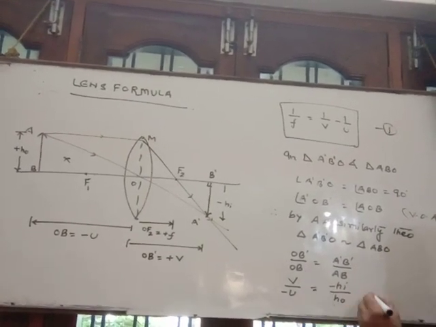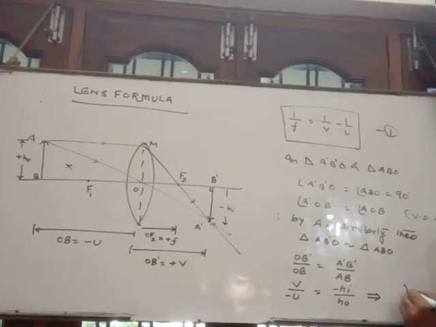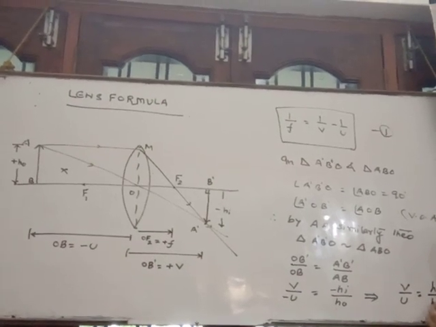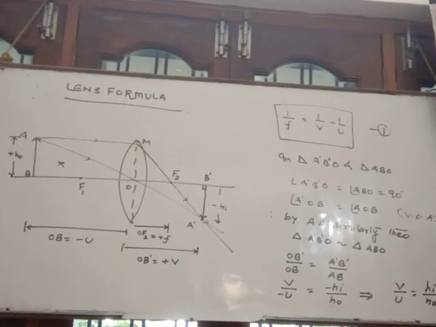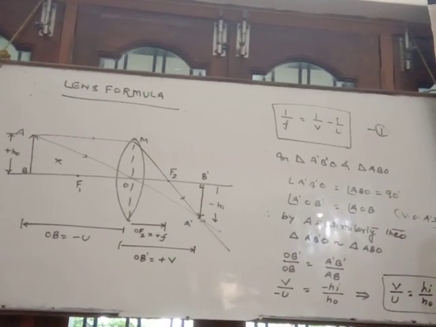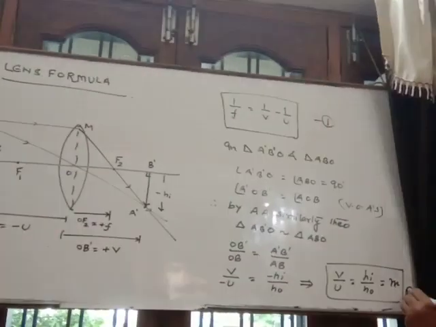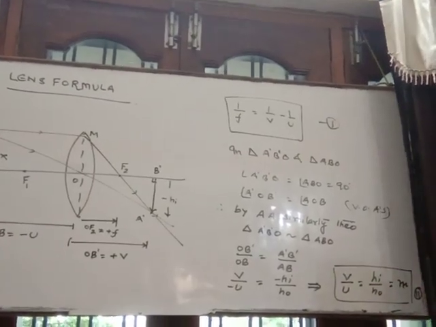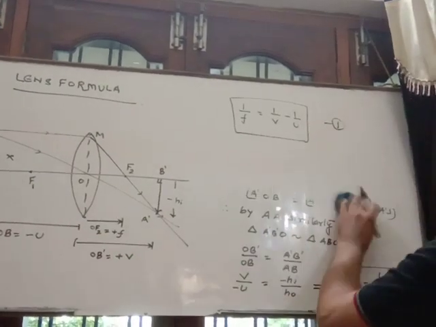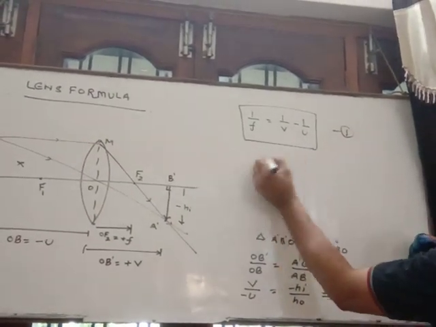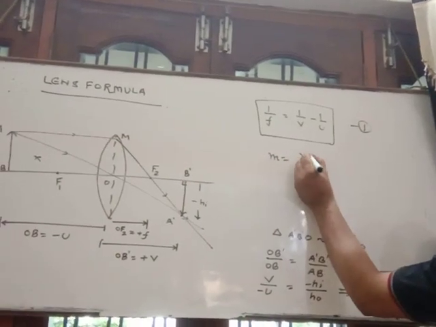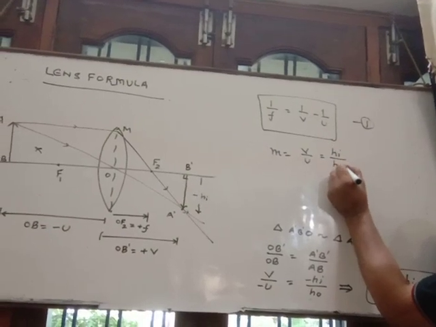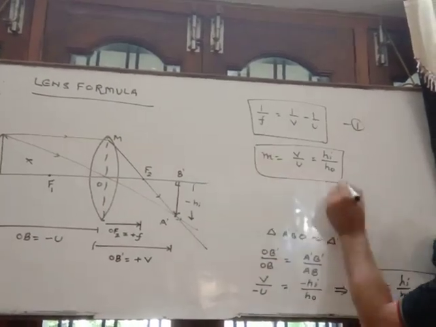When you simplify it, you will get V by U is equal to HI by HO is equal to M. Actually it is magnification of the lengths. So the magnification formula becomes M is equal to V by U is equal to height of image by height of object. It is magnification.